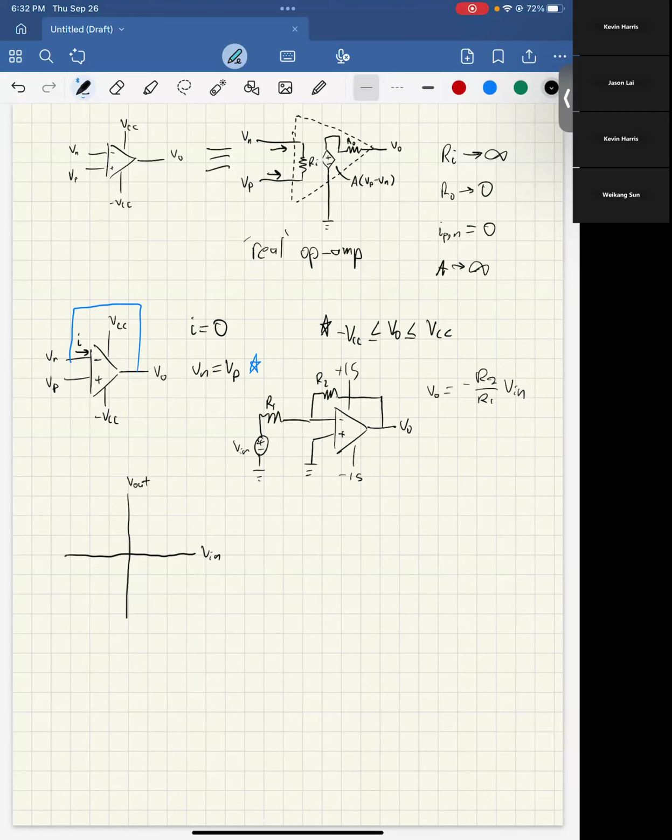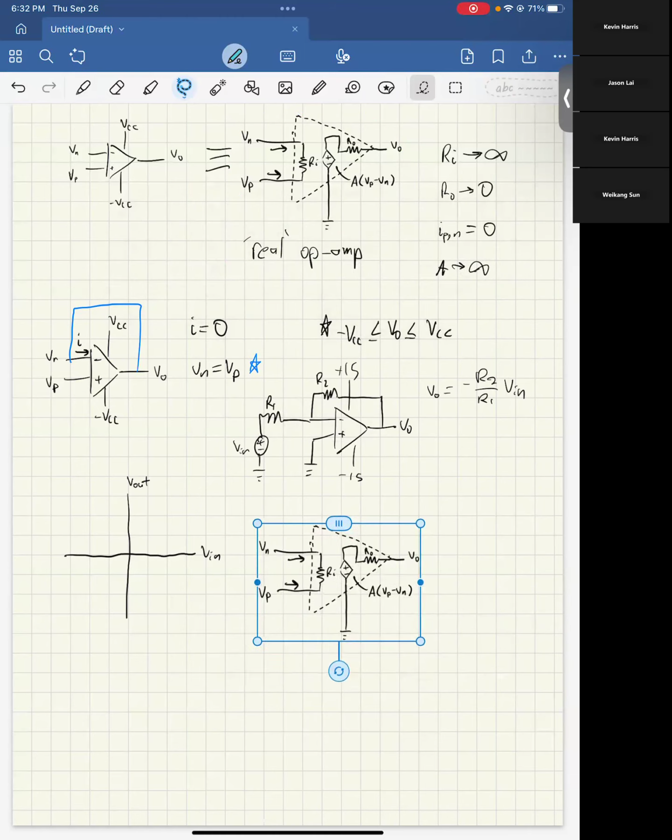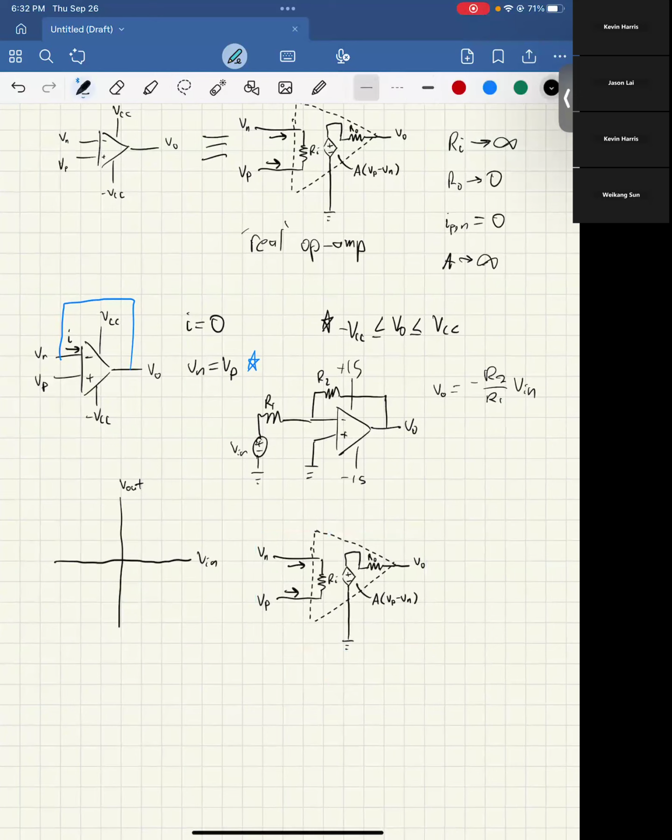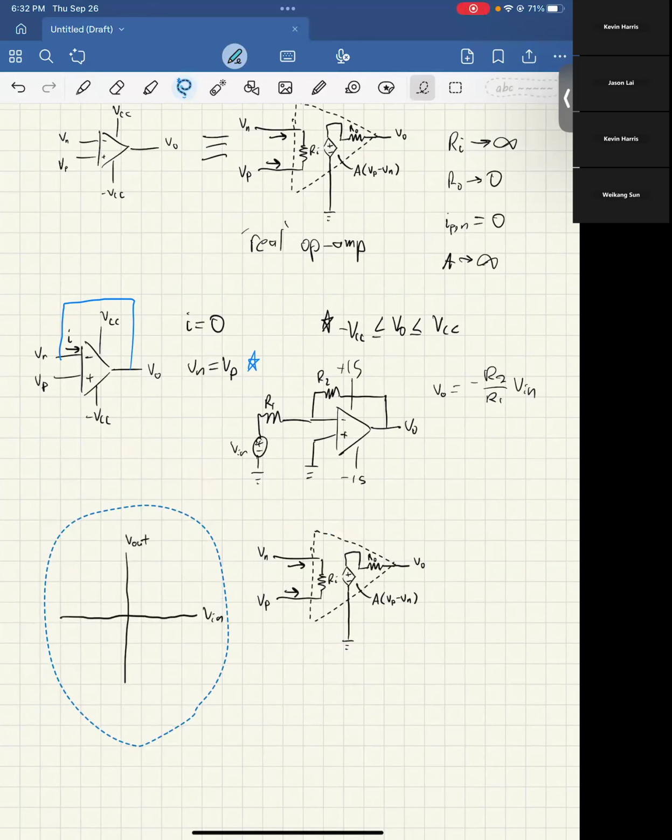So for this, I'll go back to this model. Let me copy this. This will all make more sense when I do some example problems in about 10 minutes. Okay, there we go.